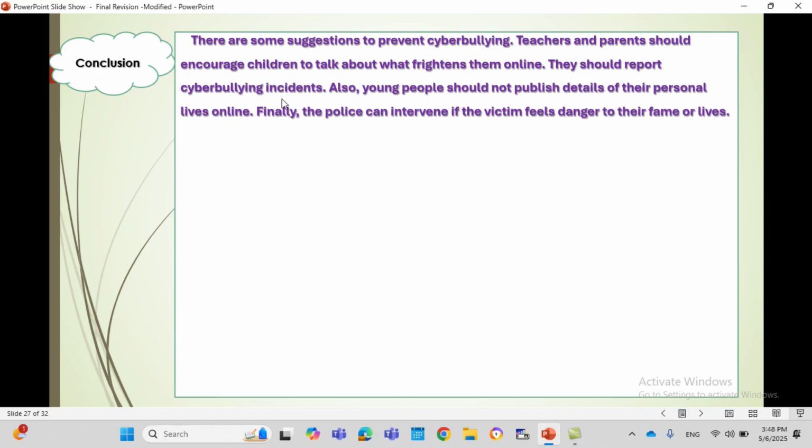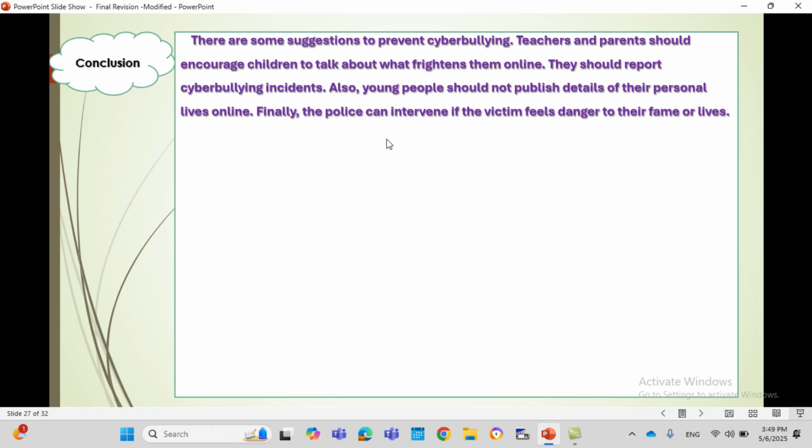Okay, the teacher should encourage, you must not fear, you must talk about what frightens you. Number 2, you should report what they are saying. At the same time, you should not publish details about you. And the last option, if all of this does not work, the last thing must be the authorities' procedure, which is the police.